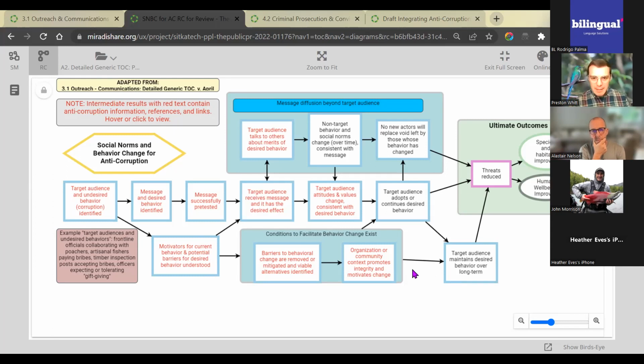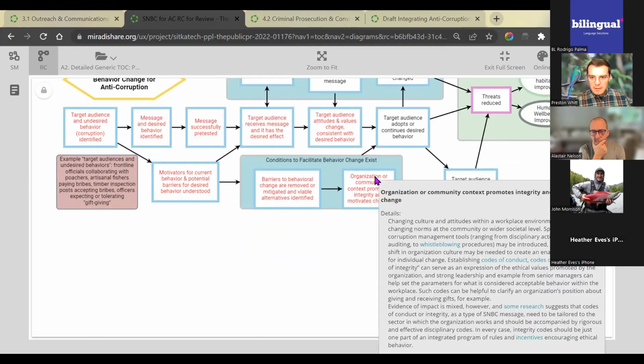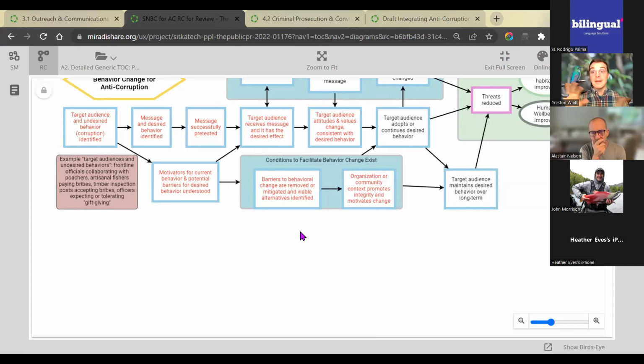So I think some of the stuff might be here around taking an approach to codes of conduct or integrity agreements in terms of targeting who you want to work with, like rangers or someone like that. So yeah, all that information is in the knowledge synthesis, and like I said, I'll go back and make sure that it is cited here.